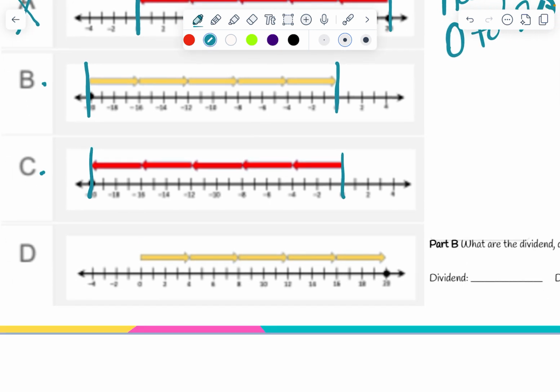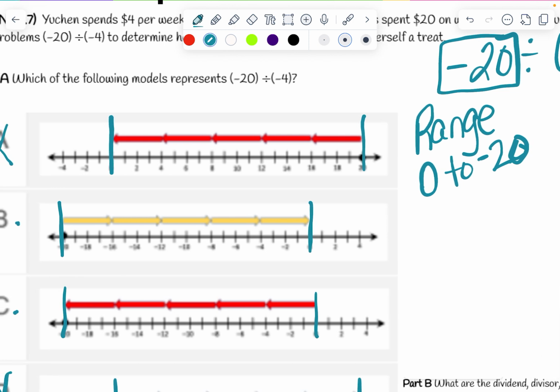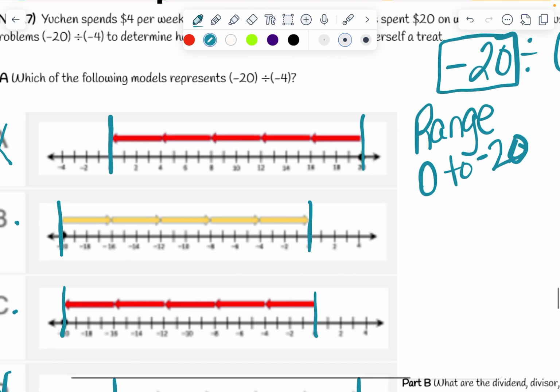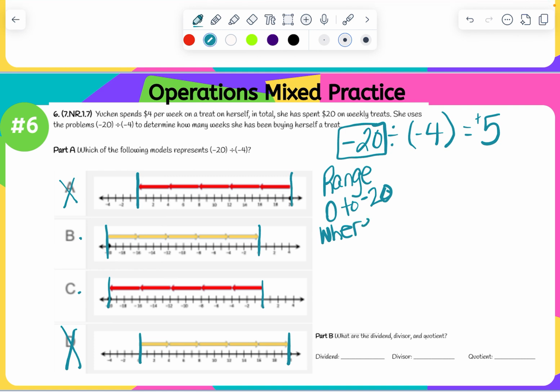This one goes from 0 to positive 20. That one cannot be the answer because the range is the area where your arrows are. The range is where the arrows are, the 2 spots where they start and stop.